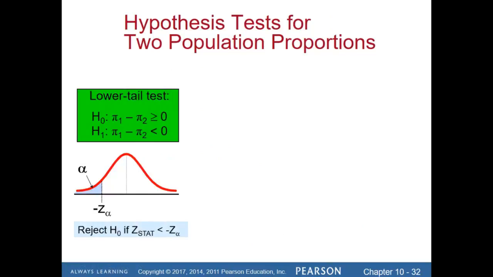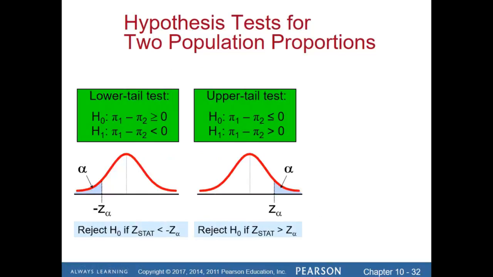And hopefully by this time, it's not terribly surprising to see that we could create a one-tailed hypothesis where our region of rejection is either in the lower tail or the upper tail of the distribution. And so taking a look at the null hypothesis here, with a lower-tailed test, we're hypothesizing that the difference between population proportions is greater than or equal to 0, which gives us an alternative of less than 0 for that difference.